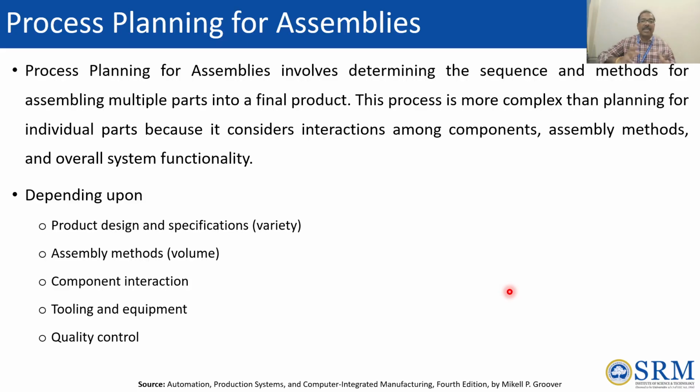What kind of interaction is there between the components, like fits and limits. In what way we are going to assemble, whether a top-down approach or a bottom-up approach, the overall system function, and what functionality that particular assembly is going to serve. Again, it is very important.